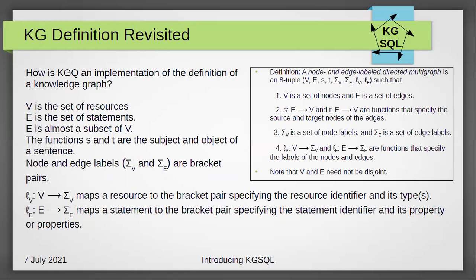And the other question was, what are these labels anyway? So there's a natural notion of what this label is for KGSQL, namely it's a bracket pair. So the bracket pairs are the labels. In most cases, of course, the bracket pair would just have a single type, not a type union. So in practice, the label would effectively be just its identifier and type.